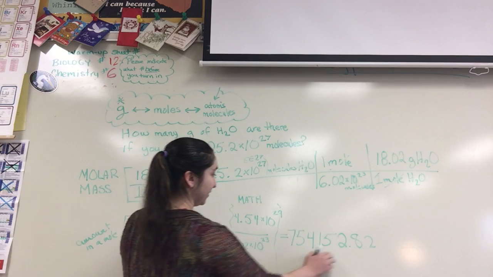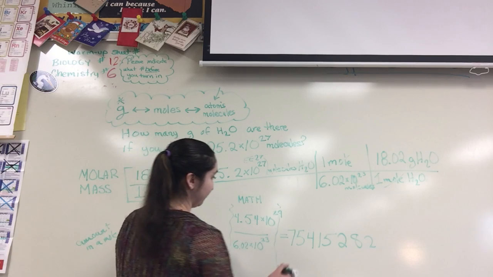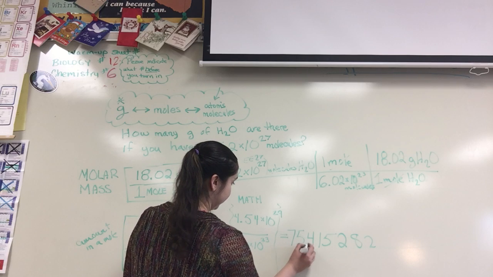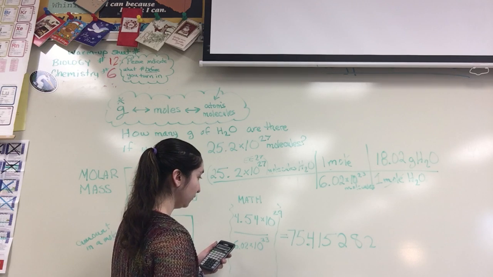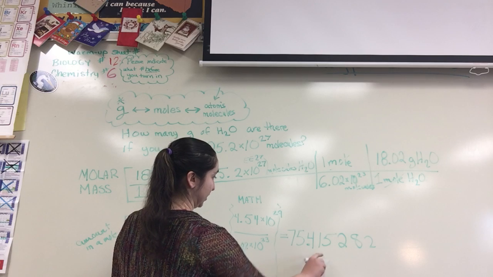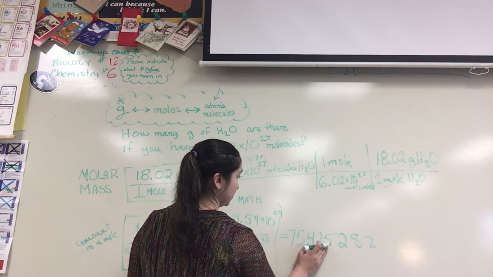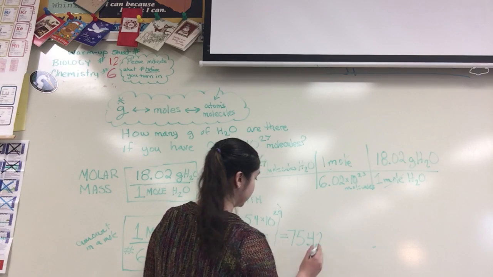So this is what happens if you don't make sure you use the right function. So it should be 75.41. And I'm actually going to round it right here, so this actually becomes a 2.